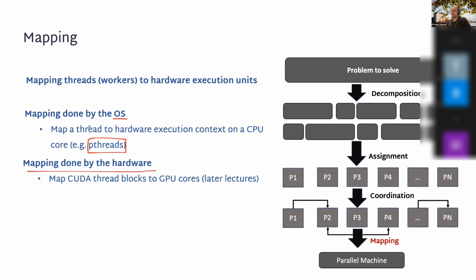We're going to have some examples later of how, for a given problem, you can decompose it, assign these tasks to threads, coordinate them, and map them to actual hardware. So I'll try to provide an end-to-end example for that kind of application.